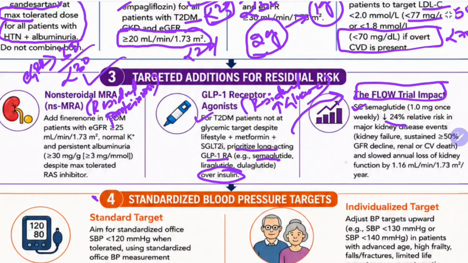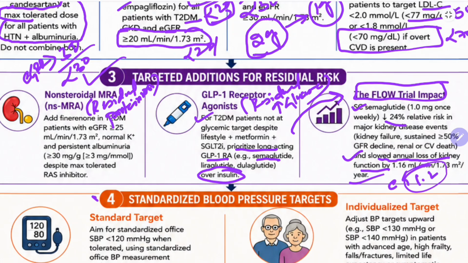Along with that, it slowed the annual loss of kidney function by 1.16 mL, you can take 1.2 eGFR. This is a very important point: it suppresses kidney events as well as the progression of DKD. That's why semaglutide, remember the dose, titrated slowly up to 1 mg, you should prioritize over insulin, because of this.